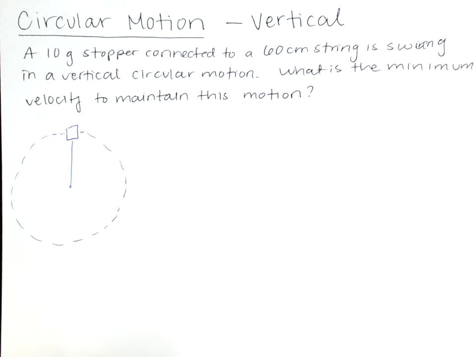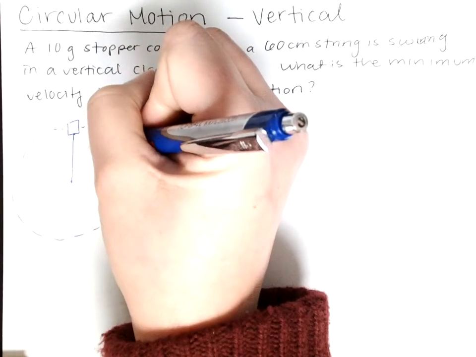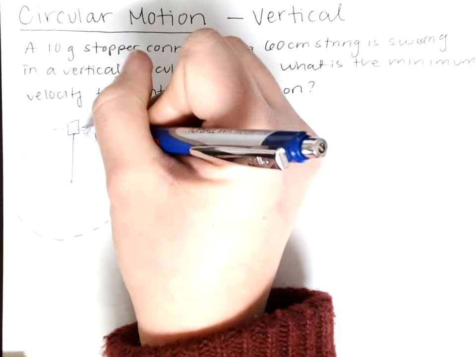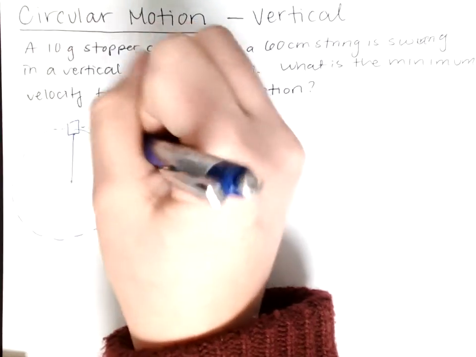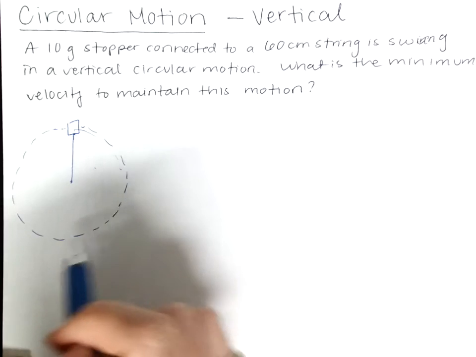If the tension was not great enough in the string and gravity was a greater force, then the ball fell short and it actually went down this way. It didn't make the complete circle. So what we're finding right now is the minimum velocity that this stopper must be traveling in order for it to make the complete path.